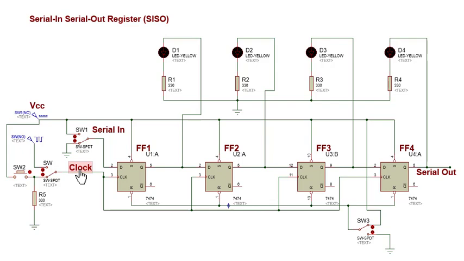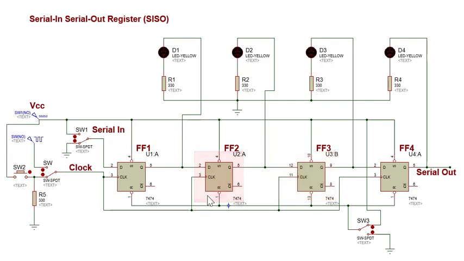The next flip-flop 2 gets its input from the output of the first flip-flop, so that whatever output of flip-flop 1 will be transferred to flip-flop 2 at the next clock signal. The same condition will happen to flip-flop 3 and flip-flop 4, since the output of the previous flip-flop becomes the input of the next one.